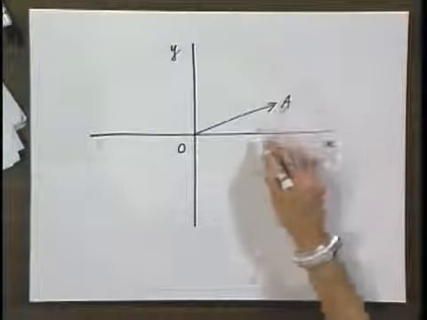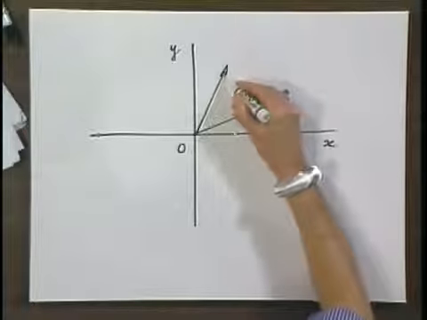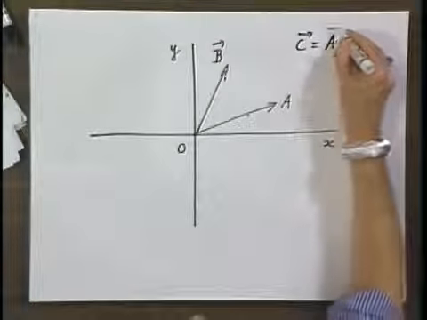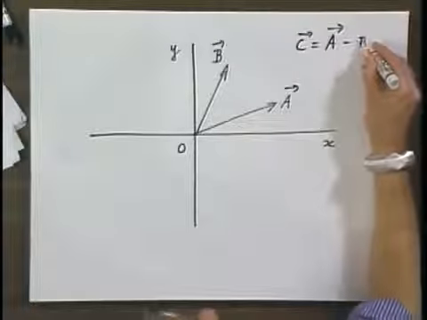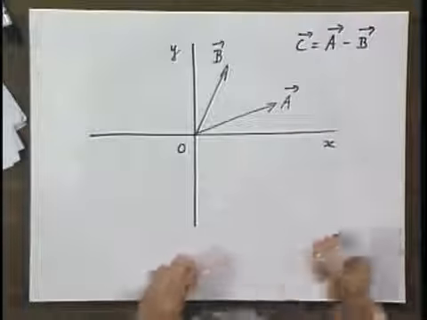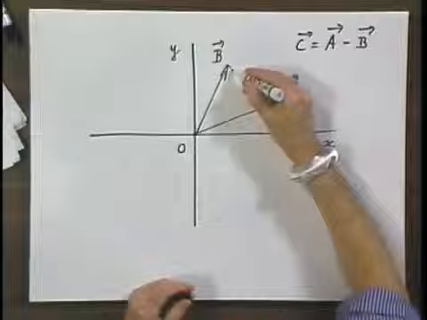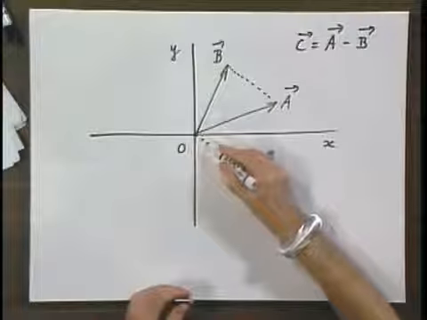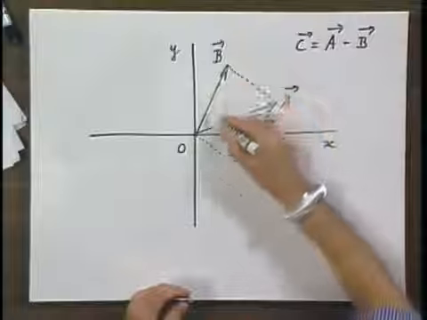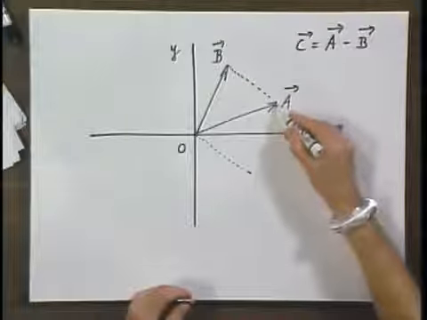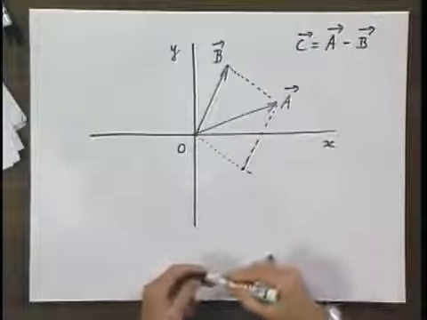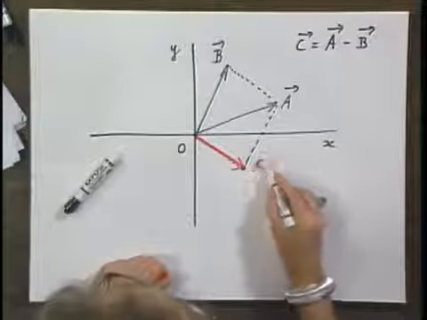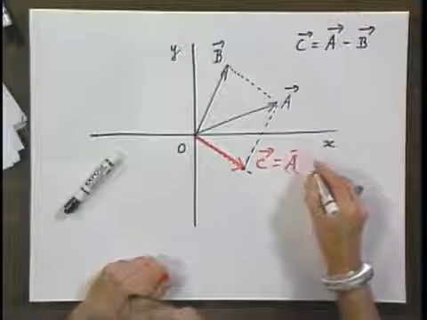Now let this vector be A, and let this vector be B. And we want to know what the vector C is, which is A minus B. Now I can construct a parallelogram by drawing this line from B to A, draw a parallel line through the tail of B, draw a parallel line through the tip of A, parallel to B, and where these two intersect, this is now my vector C, which is A minus B.